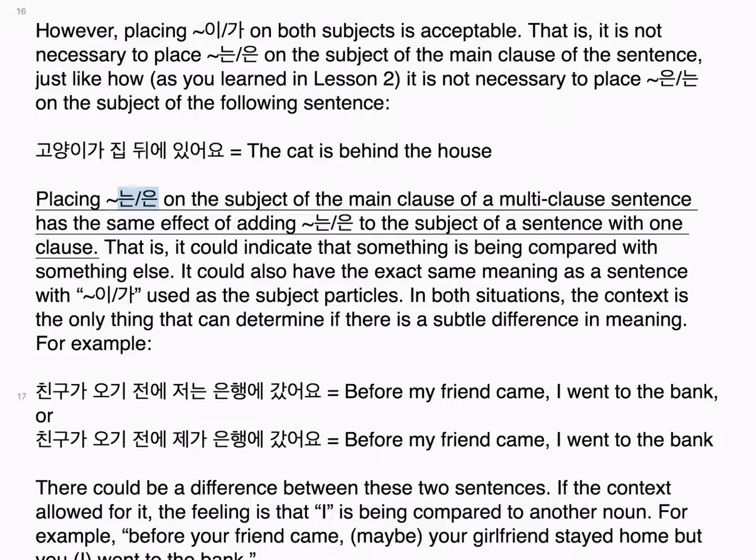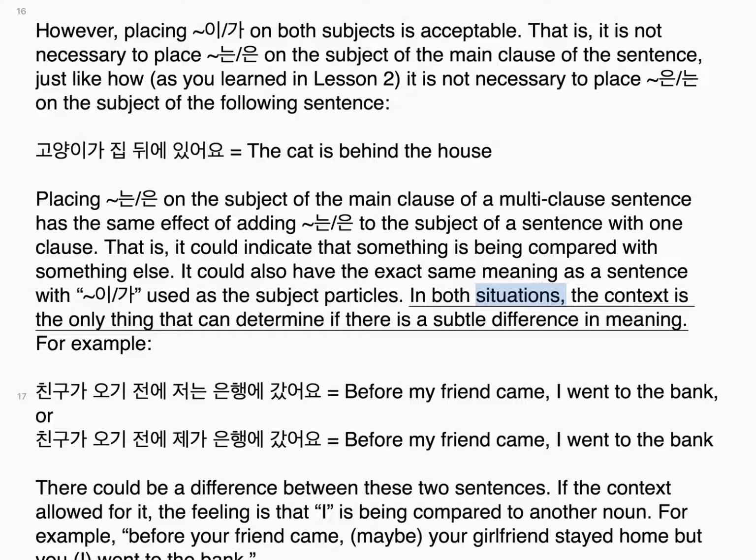Placing 는 on the subject of the main clause of a multi-clause sentence has the same effect as adding 는 to the subject of a sentence with one clause. That is, it could indicate that something is being compared with something else. It could also have the exact same meaning as a sentence with 이/가 used as the subject particle. In both situations, the context is the only thing that can determine if there is a subtle difference in meaning.